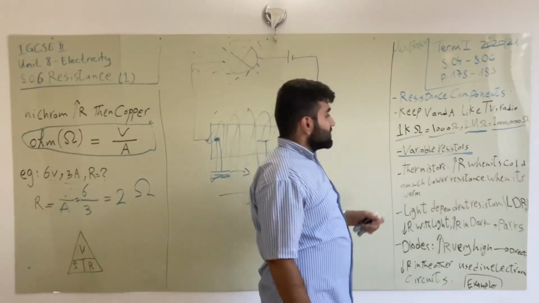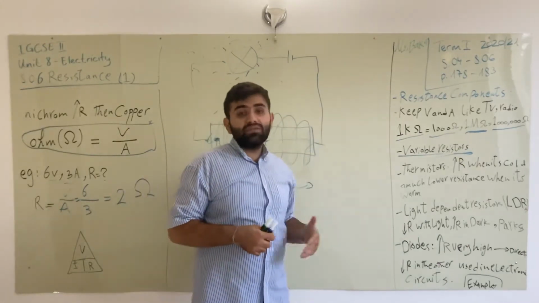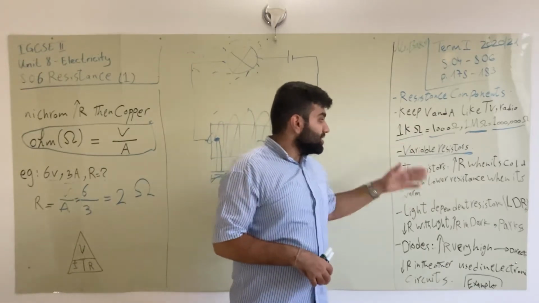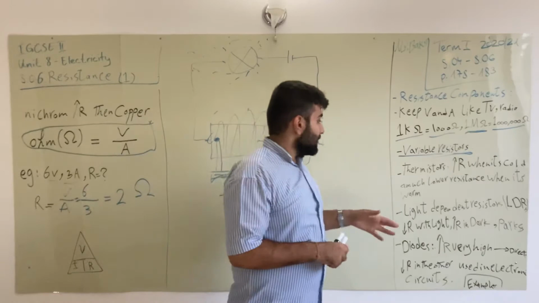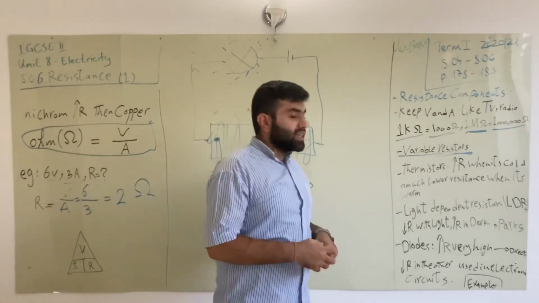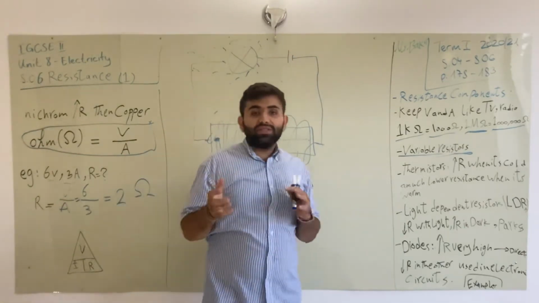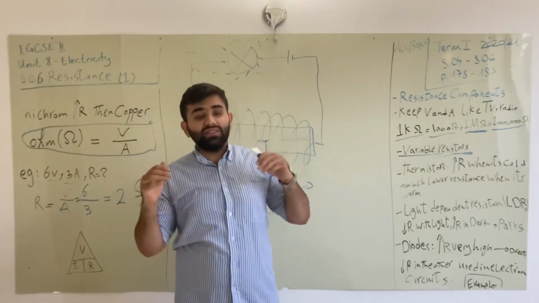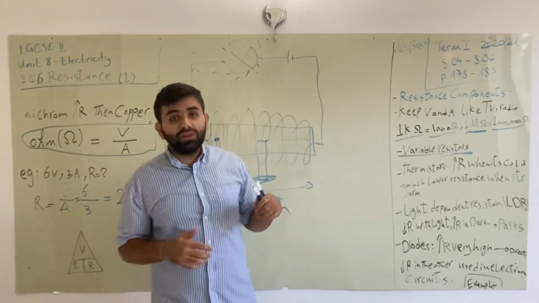Then we go to the thermistors. Thermistors give a high resistance when they are cold, but a much lower resistance when they are warm. Okay? And there are light dependent resistors, which they call LDR. This is a very interesting resistor because in the dark it has very high resistance, and when it gets light it has much lower resistance.